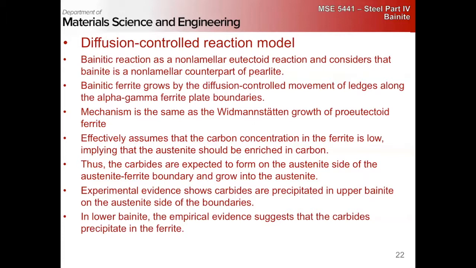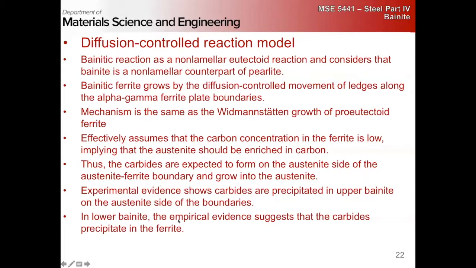But there's been some experimental studies that show it. Getting ahead of myself. So this is what the experiments that have been done, where they've done in situ growth in the TEM, right, have shown that for upper bainite.